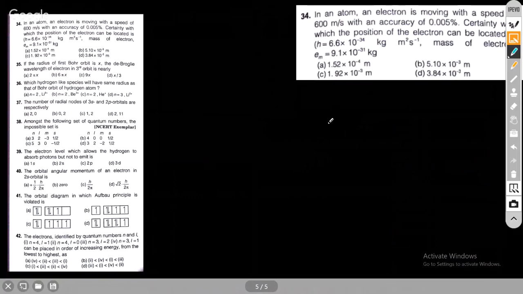Question number 34. What is the answer? We've done this. This one we have done.